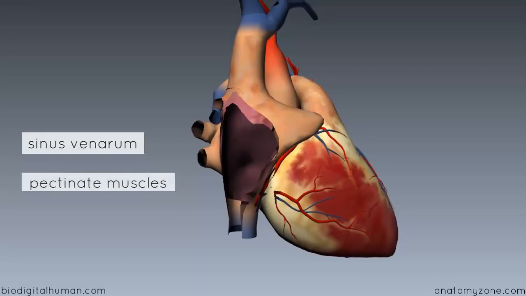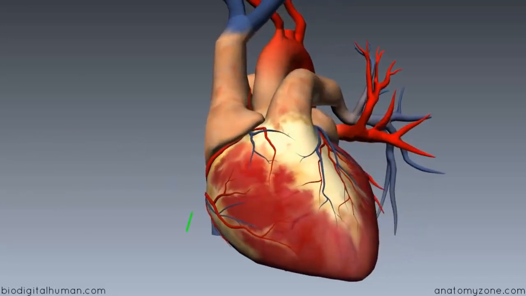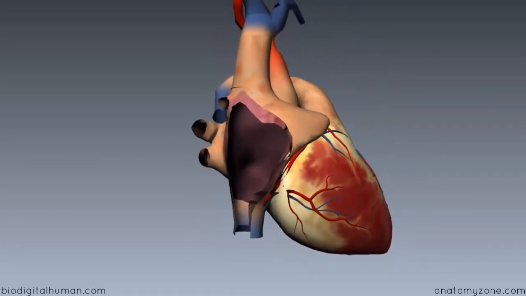What I want to do now is, we've taken this slice of the right side of the heart, and I want you to imagine that we've flapped open the anterior aspect of the right atrium. So I'm going to draw on this atrium opened up.